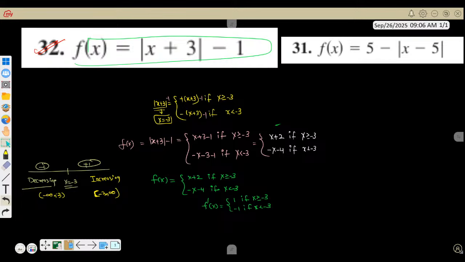How did I get that x equals -3? Because you set x plus 3 equal to 0, setting the inside part of the mod equal to 0. So if you set the inside part equal to 0, you will get x equals 5. Right. So for x greater than or equal to 5, this bracket will be positive. For x less than 5, this bracket will be negative. And then solve it.